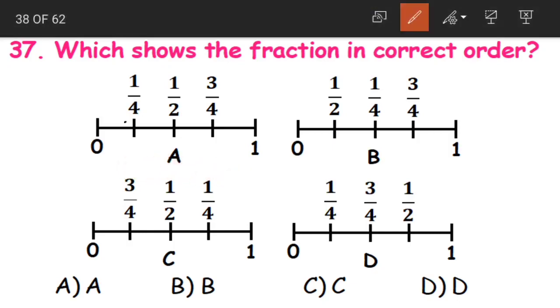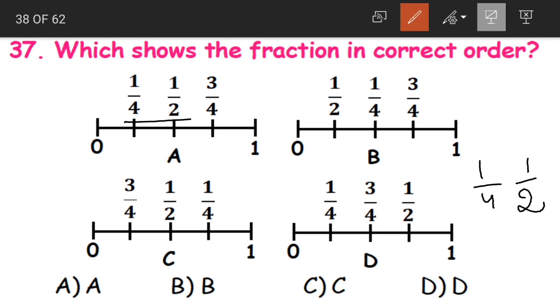Now when we compare 1 by 4 and 1 by 2, we know which is the smaller one. 1 by 4 is the smaller one, and then comes 1 by 2. Yes or no? We know that 1 by 4 is the smaller one and 1 by 2 is the greater one.